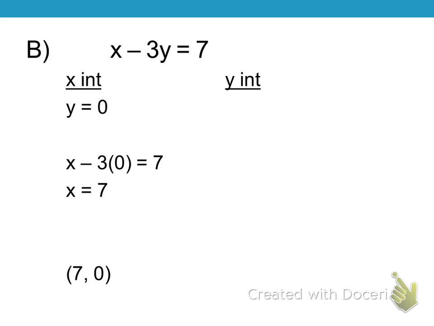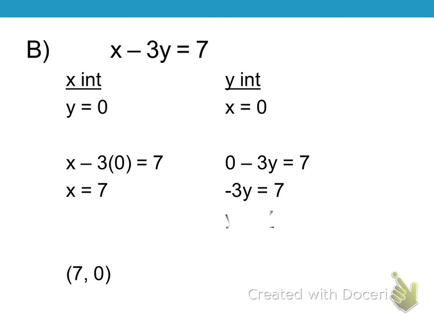Let's do the y-intercept. How do I do the y-intercept? 0 for x. Put the 0 in for the x. Good. So you can cover this guy up. It gives you a little preview of what you're going to have left over. So we have negative 3y equals 7. Then what?